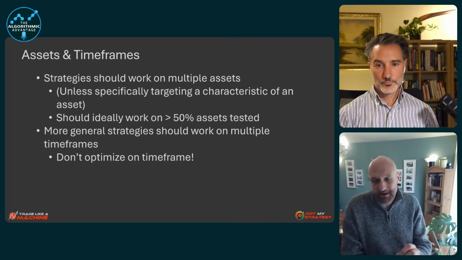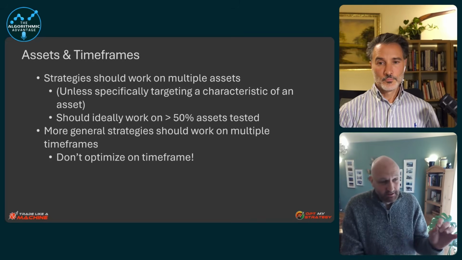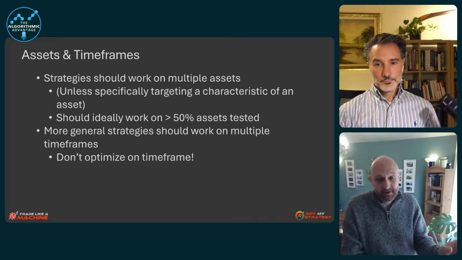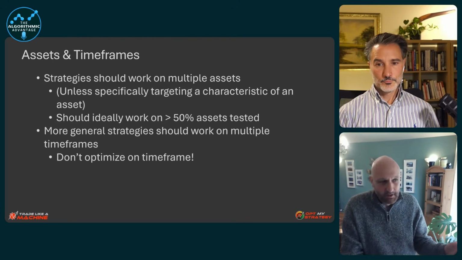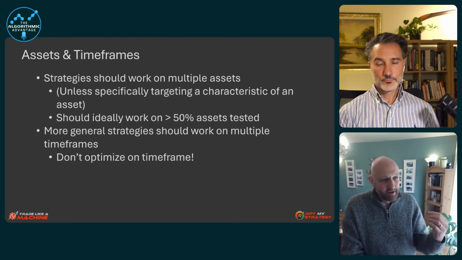Yes, you can optimize on some things, like the periods you're using for a trend filter, for example, or the level at which you're measuring an asset has become overbought or oversold, in which case where will you enter. These are logical things to perform an optimization on to determine the optimal way of running the strategy. But to optimize on time frame doesn't make sense to me.